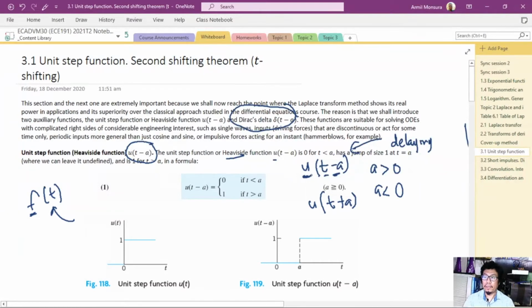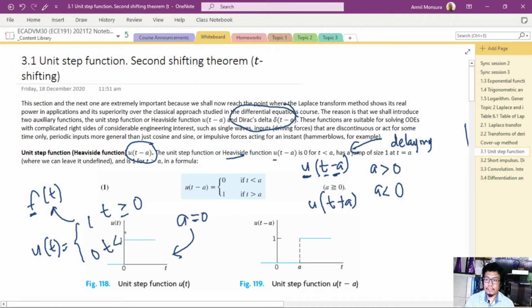But in its most basic sense, if a is 0, that is, your signal doesn't have any amount of delay, your unit step function would look like this. The unit step function, simply u of t, is defined as 1 when t is greater than or equal to 0, and 0 when t is less than 0.